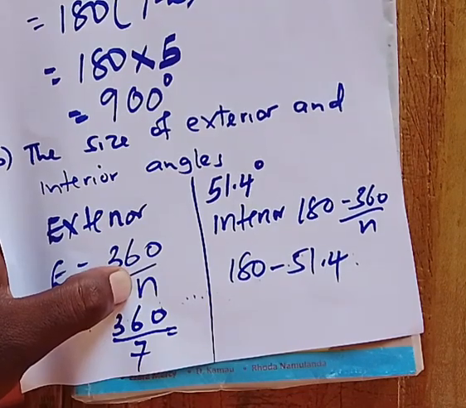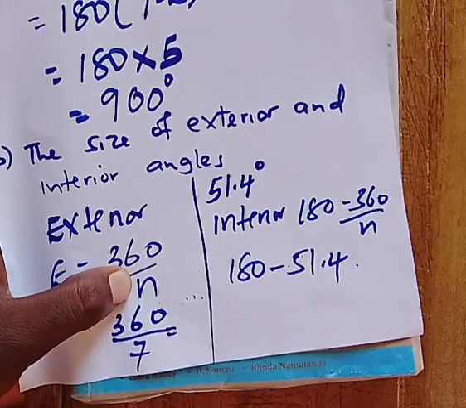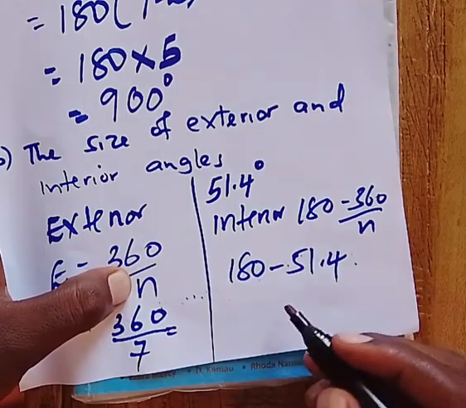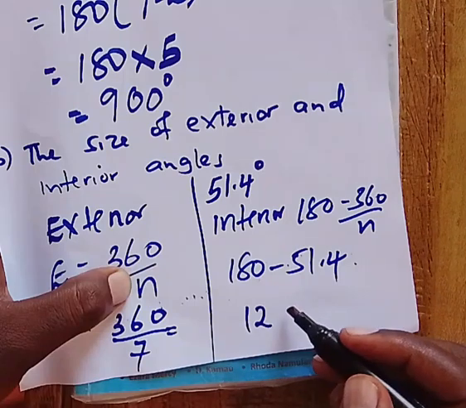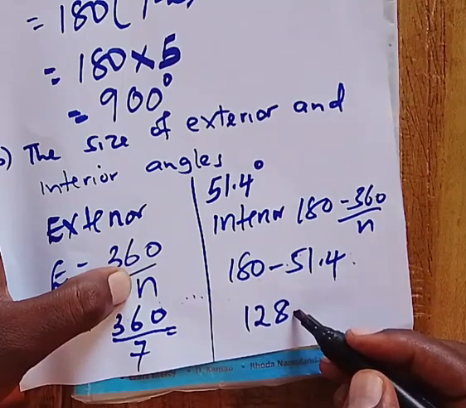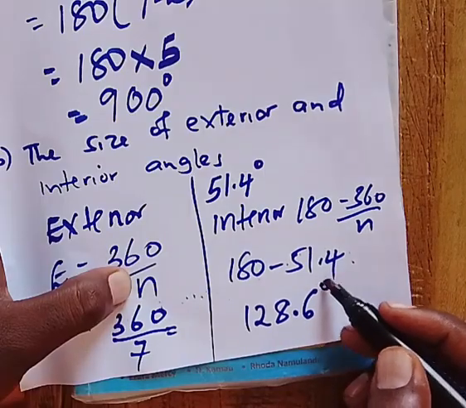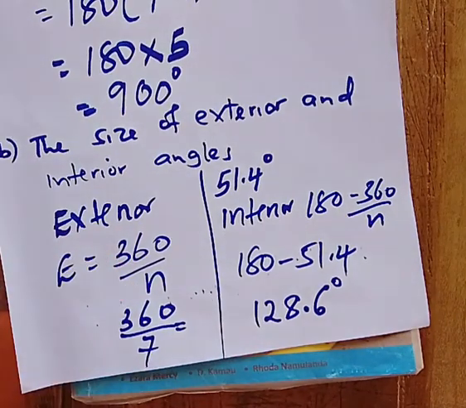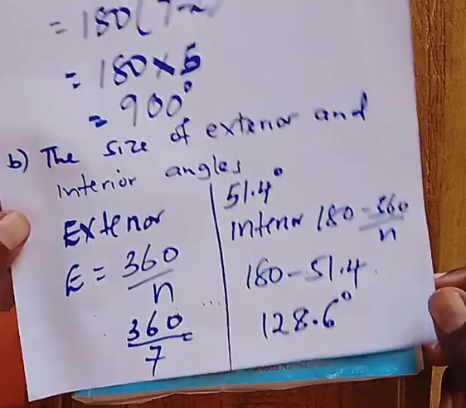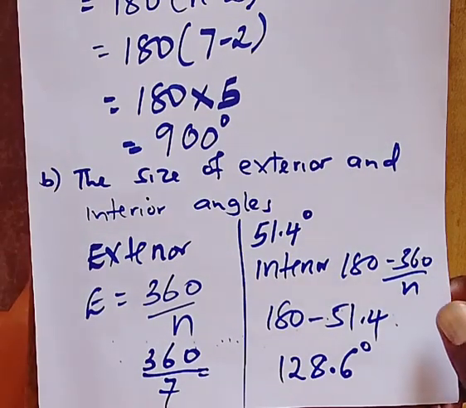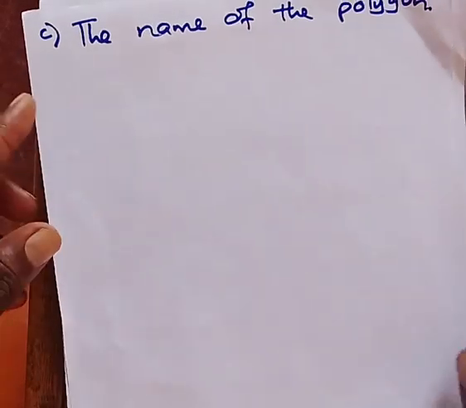You are going to have 128.6 degrees. Then you are also required to name the polygon.